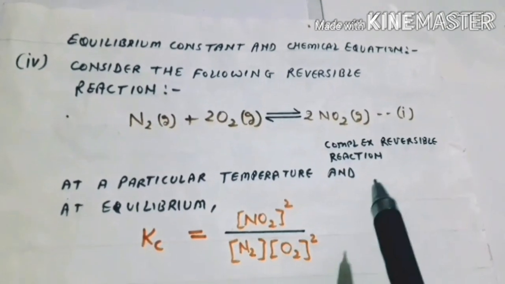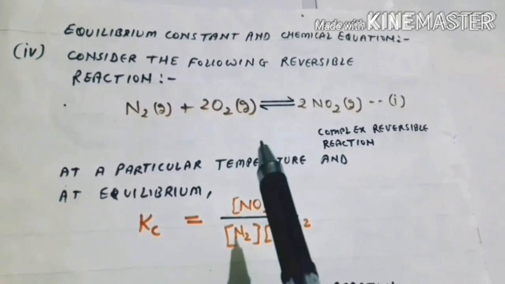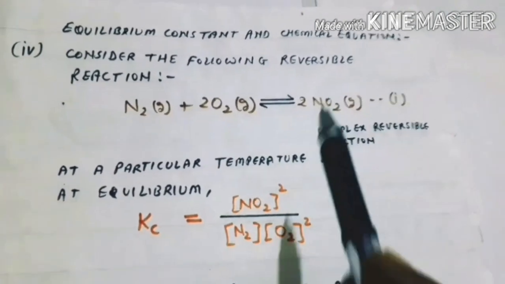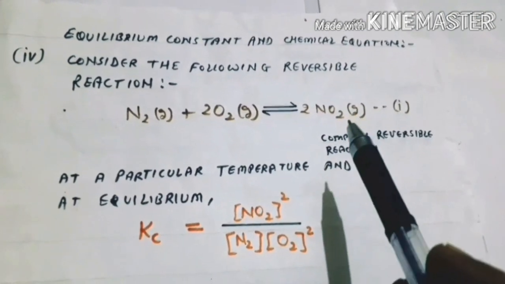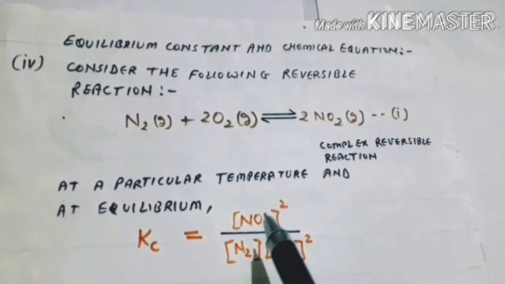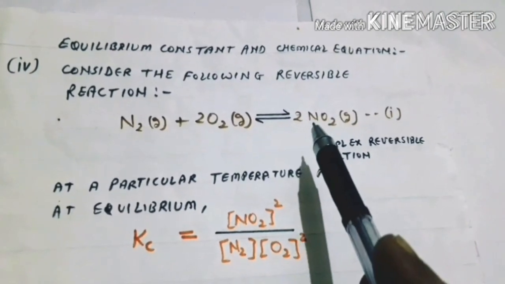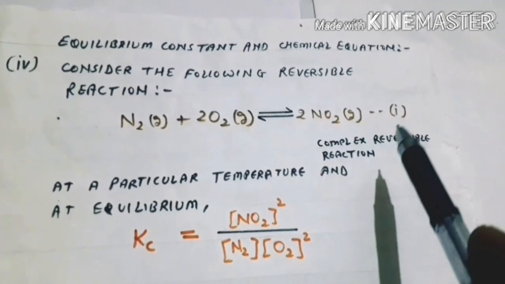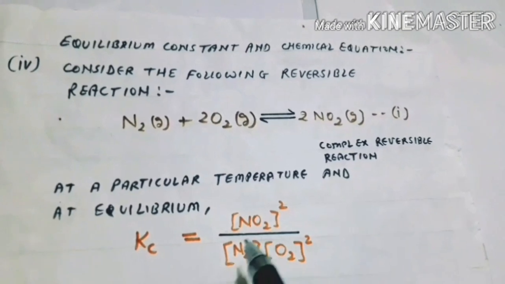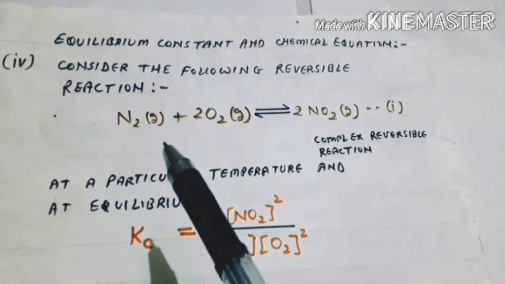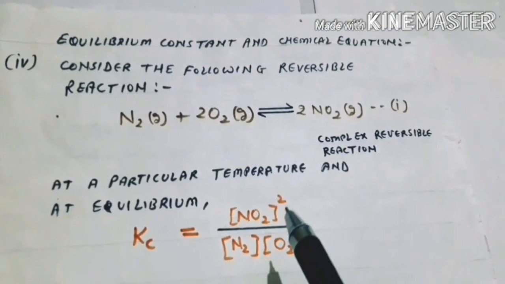So at a particular temperature and dynamic equilibrium, the equilibrium constant Kc for the complex reversible reaction is equal to the concentration of nitrogen dioxide product in mole per liter raised to power 2, which is equal to its stoichiometric coefficient in the balanced chemical equation 1 of the reversible complex reaction, over the concentration of reactant nitrogen gas in mole per liter raised to power 1.